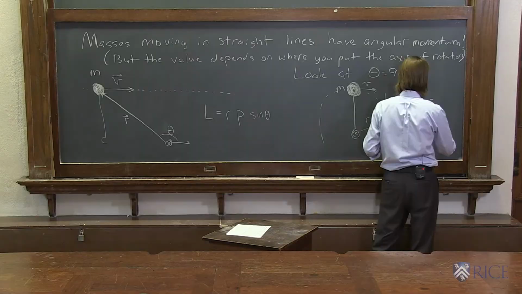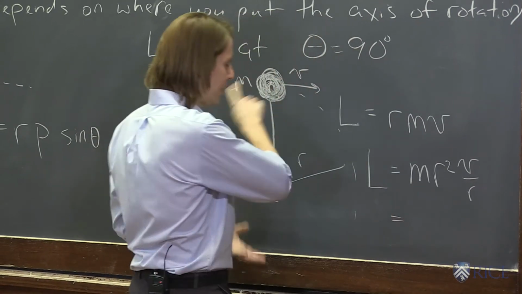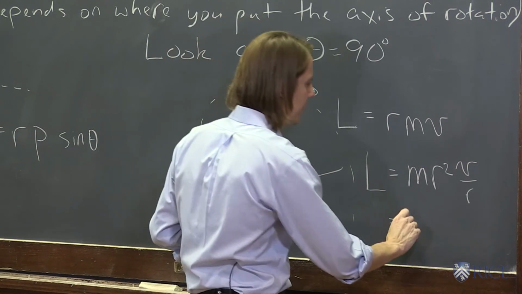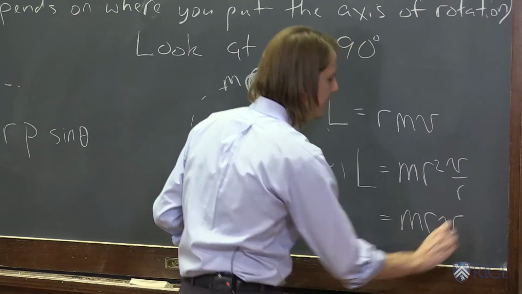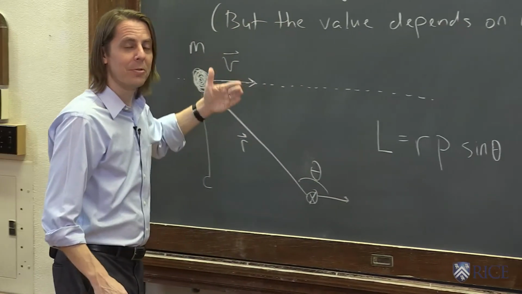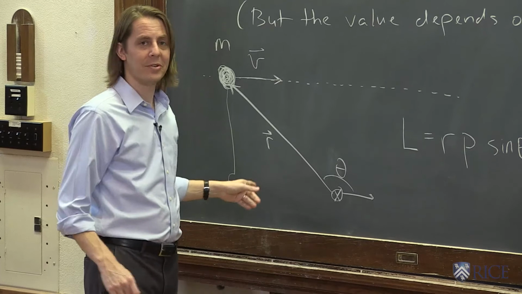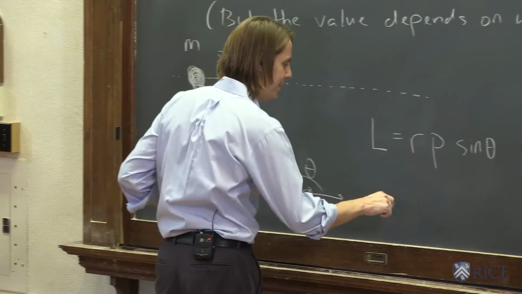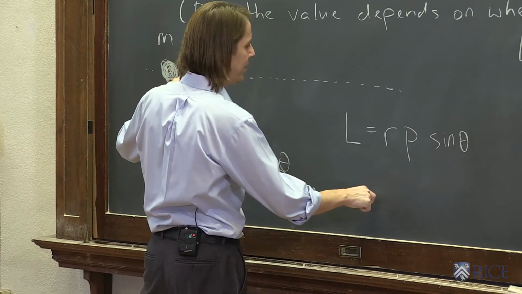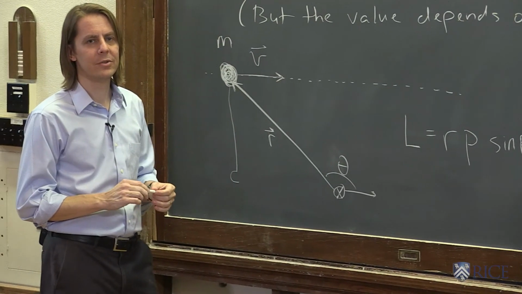You can see, sure enough, if you let this thing convert to circular motion, the r's cancel, and you get the same thing, m r v. So linear things do have angular momentum. The value depends on where you put the axis. If you put the axis right here, at this moment I'd get a different value around that axis.